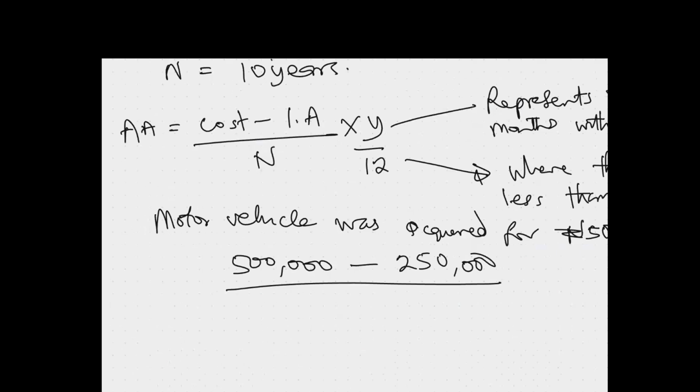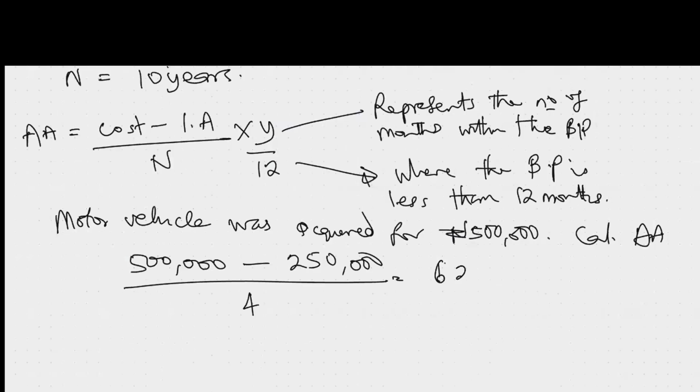So divided by 4, I would have 62,500. Is that number correct? So that will be your annual allowance.